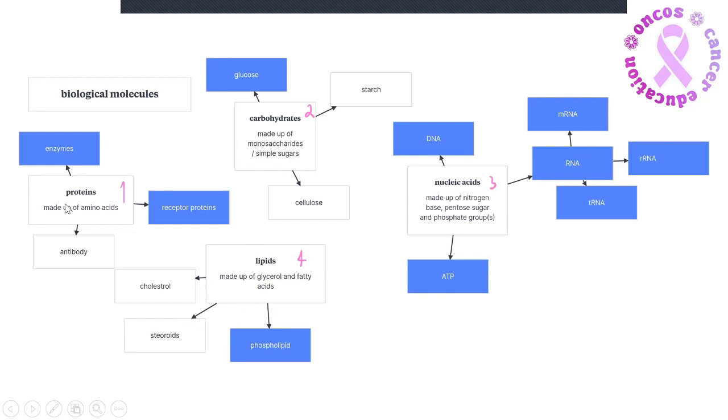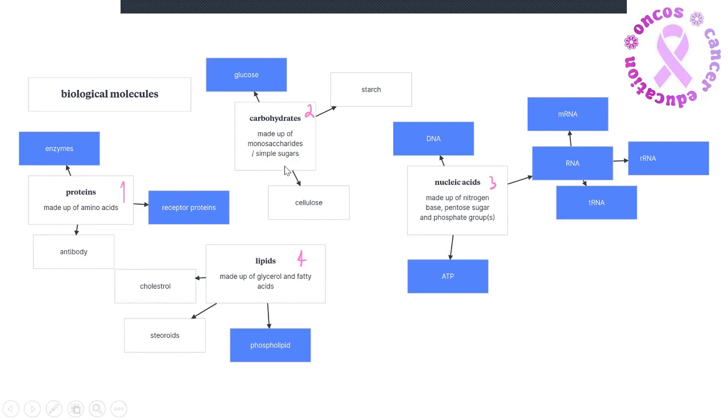Some examples of proteins are enzymes, receptor proteins, and antibodies. Antibodies you may have heard of. They are in vaccines. They help us fight infections, bacteria, and viruses. Receptor proteins are sort of like antennas on cell membranes, and they're involved in cell signaling, which we'll cover in another video as well.